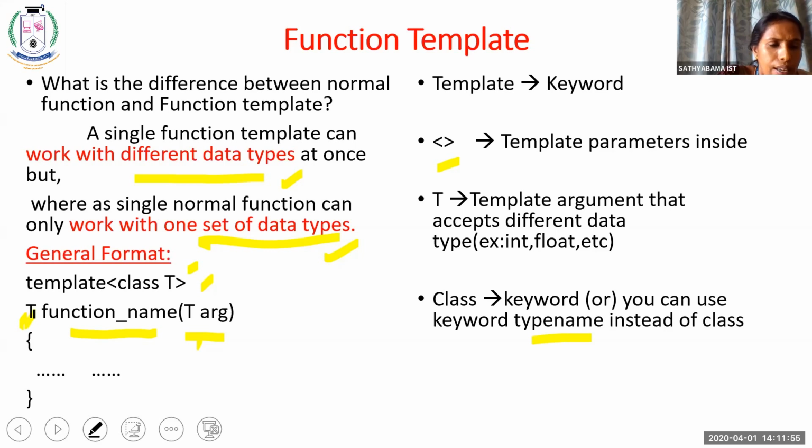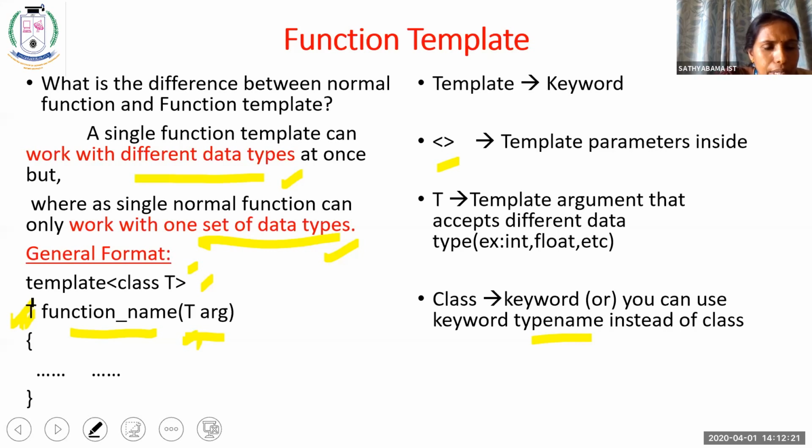Why? Because for this particular function, the return type can be determined only during your compile time. Suppose you pass the argument as an integer, then this T will act as an integer, and the return type is also an integer.